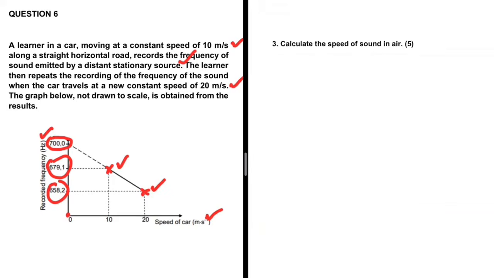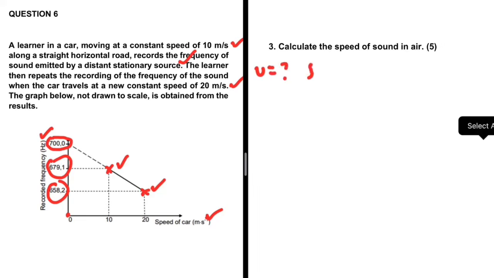Calculate the speed of sound in air. So we know that we are looking for V. We know fully well that Fs is 700 Hz. That is the emitted frequency by the source as it is. And then what else do we have? Let's go ahead and take a look.